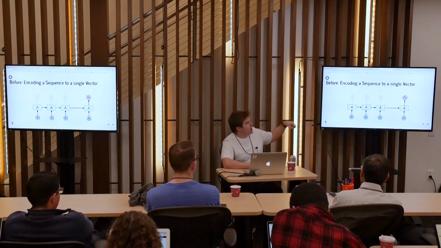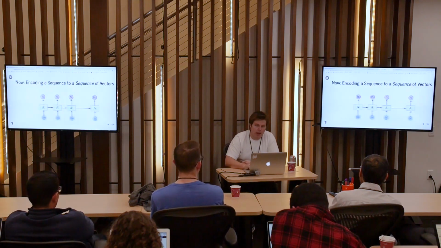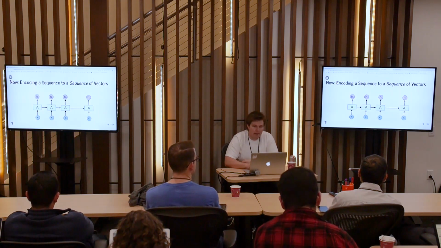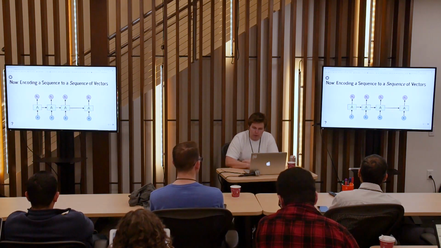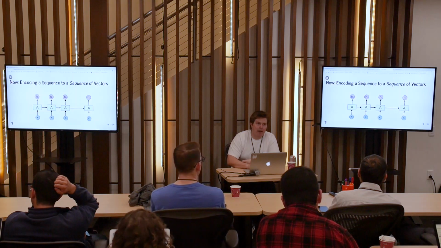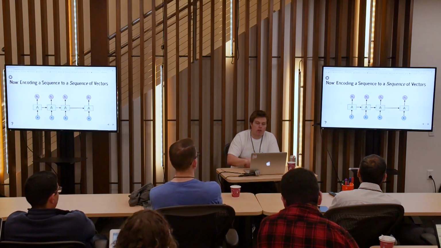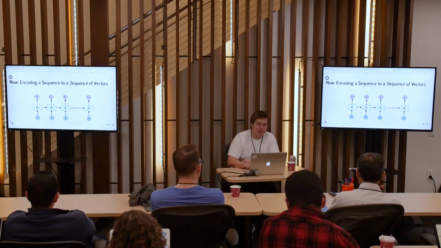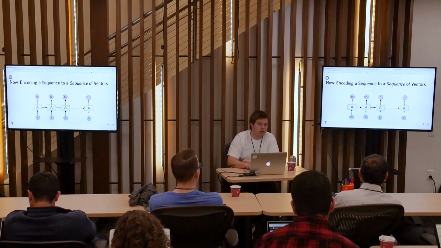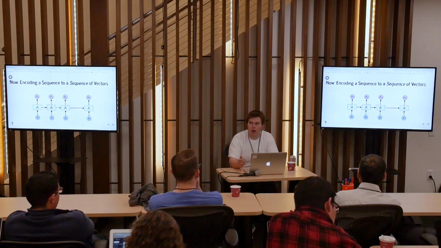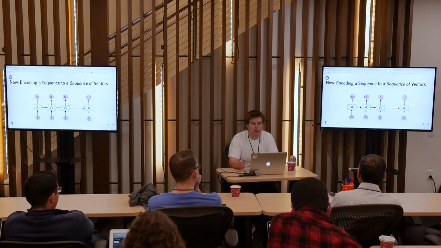So before we were encoding a sequence to a single vector, and now we want to encode a sequence to a sequence of vectors. If I go back a few slides, I had a limit in the sequence to sequence discussion that I started, where the input sequence is the same length as the output sequence. If you just use a single LSTM, that's a constraint that you have.